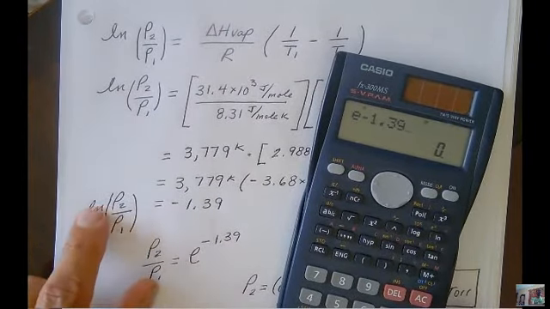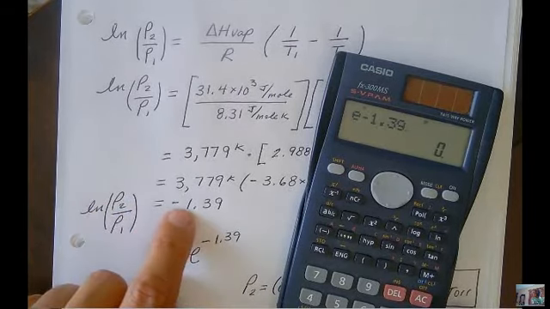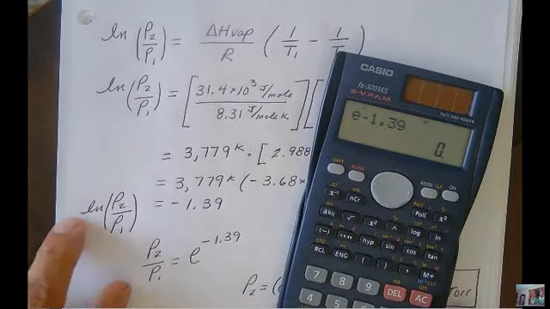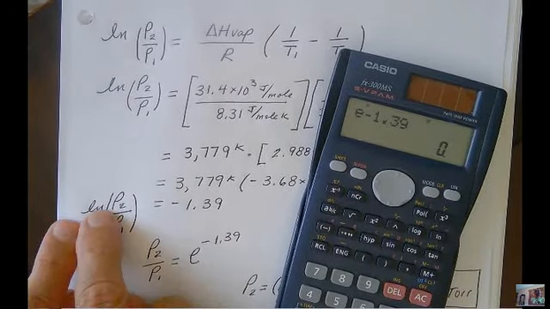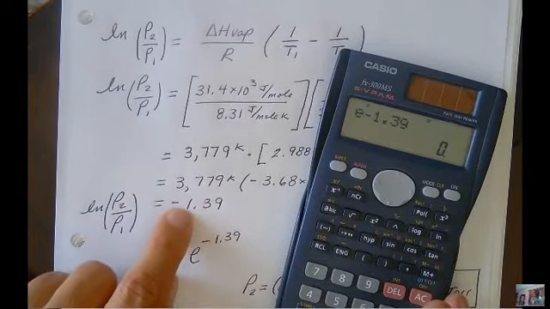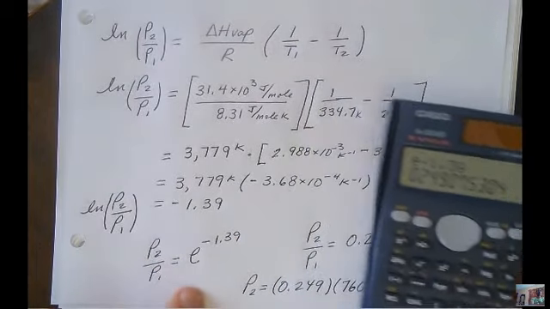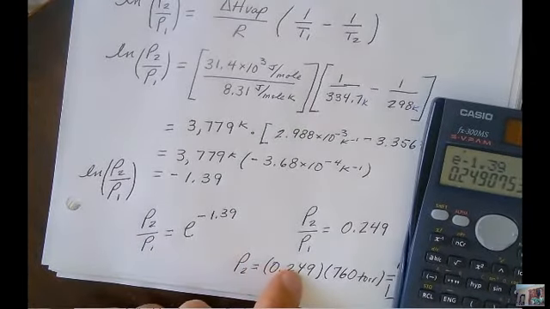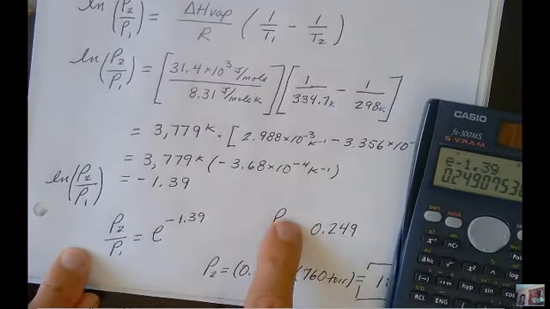Basically, to get rid of this, I take the anti-log of this side, and then over here, I get e raised to that number. Okay, so you might have to do a little bit of review on how to do that. So e raised to that number gives me 0.249, and that is the ratio.